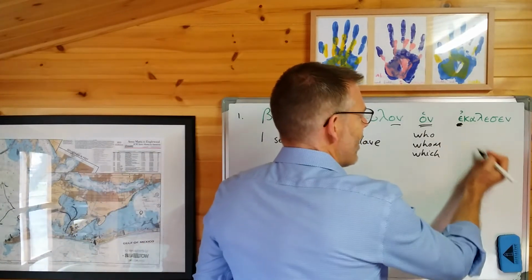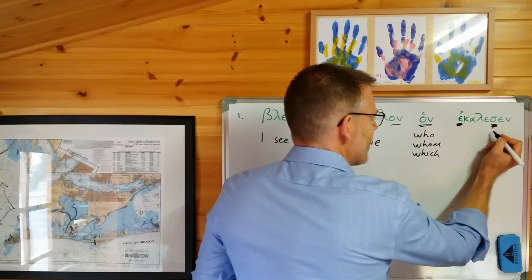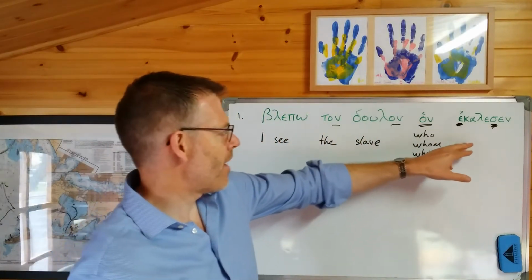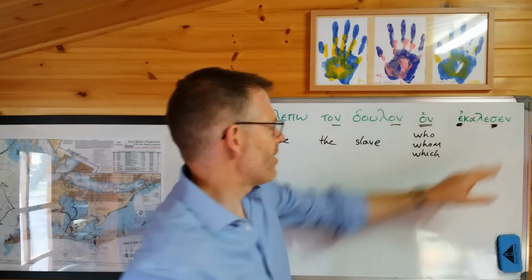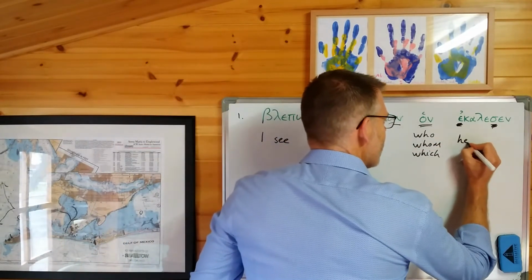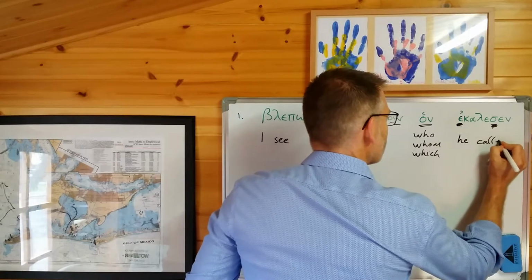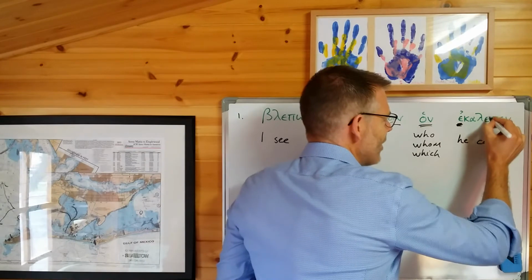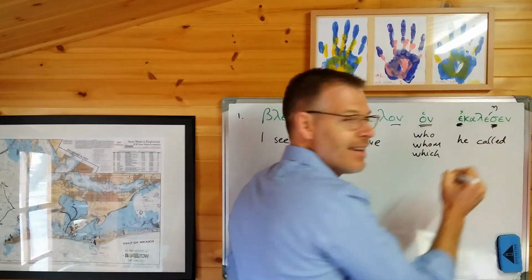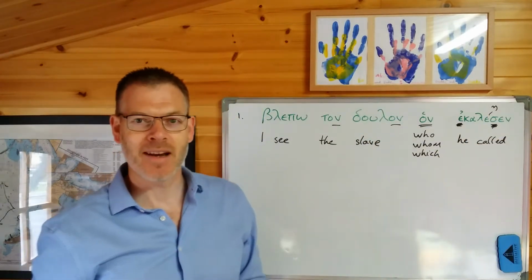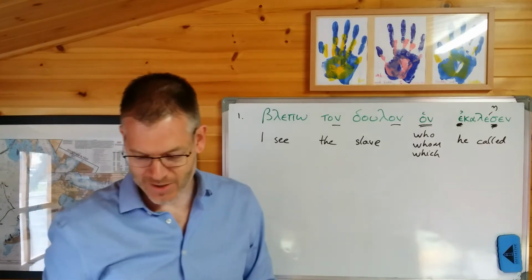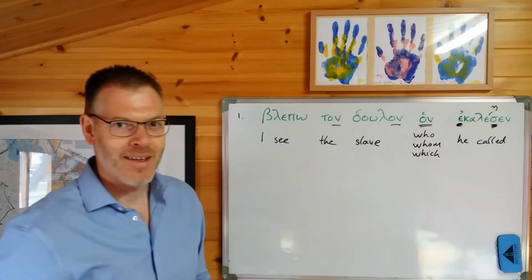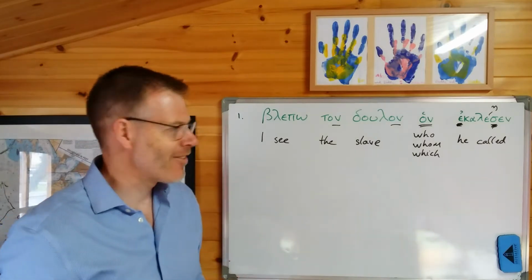Because you've got the epsilon augment, you've got the sigma suffix, and therefore we're going to translate it as an English past tense and third person singular, so it's he called. Notice there is a slight quirk with the form of this one. You might have been expecting an alpha there, and indeed you would in many examples, but kaleo sometimes does strange things, and Duff has included this just to remind you of that very slight irregularity in the aorist.